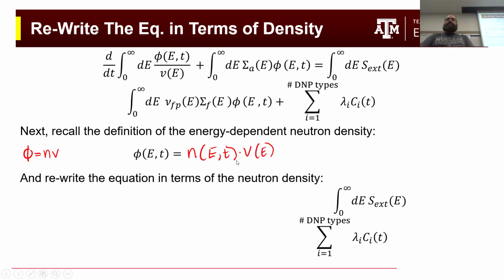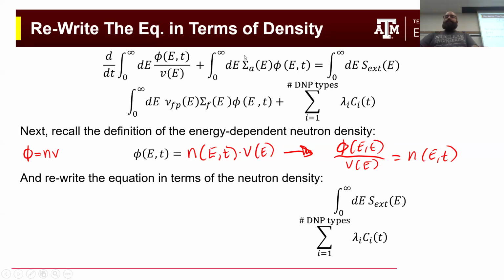So this N of E and t is just my energy dependent neutron density. And the reason I want to do that is to write this equation in terms of the neutron density instead of in terms of the scalar flux. So I can rearrange by dividing both sides by the speed to say that phi of E and t divided by v of E is just my energy dependent neutron density.